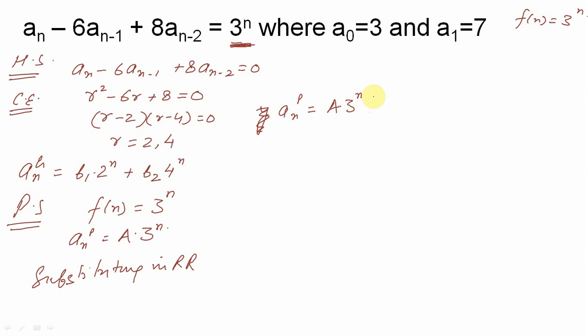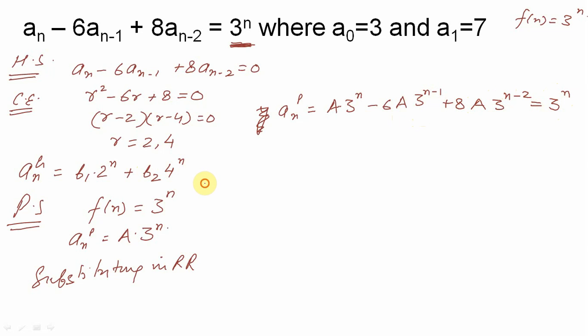The second term is minus 6an minus 1. So a is a constant, it remains a, but an minus 1 now becomes 3 to the power n minus 1. See what I have done over here? For an, I used a 3 to the power n. For n minus 1, I had to make this n also n minus 1. So similarly, I get plus 8 a 3 to the power n minus 2 is equal to 3 to the power n.